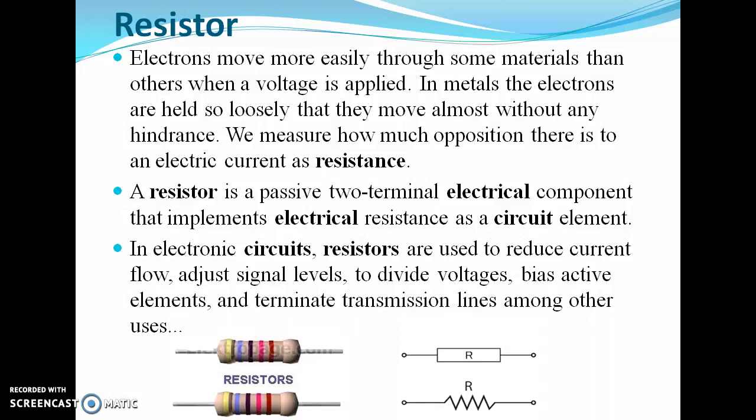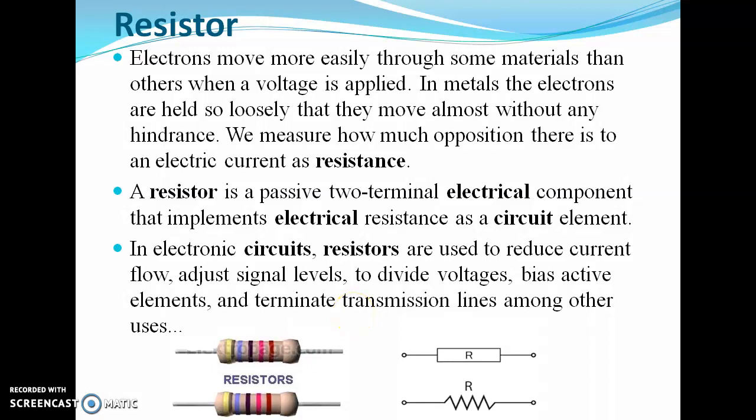So a resistor is a passive two terminal electrical component that implements electrical resistance as a circuit element. Okay, so you can see here this is a resistor which has two terminals. And in electric circuits, resistors are used to reduce current flow, adjust signal levels, divide voltage, bias active elements and terminate transmission lines, among other uses.